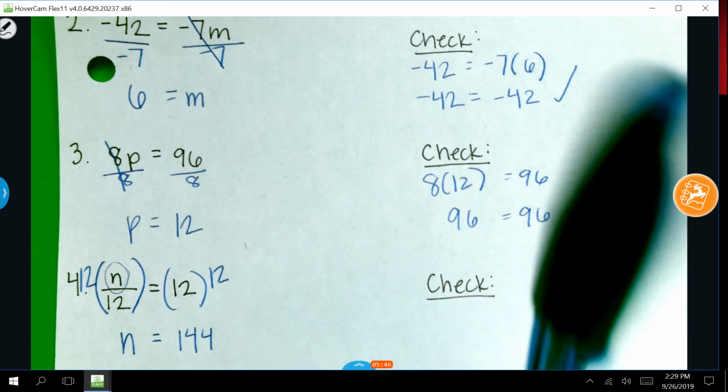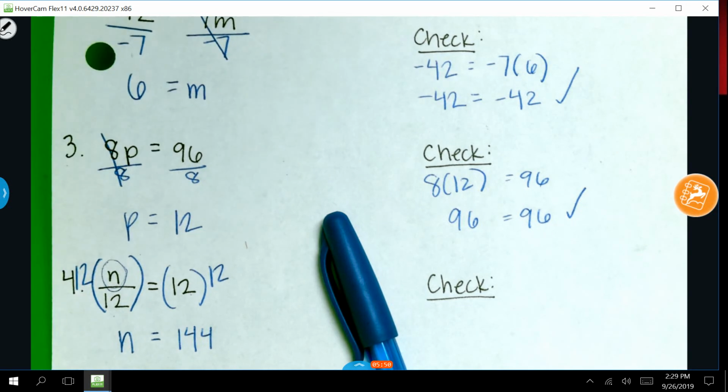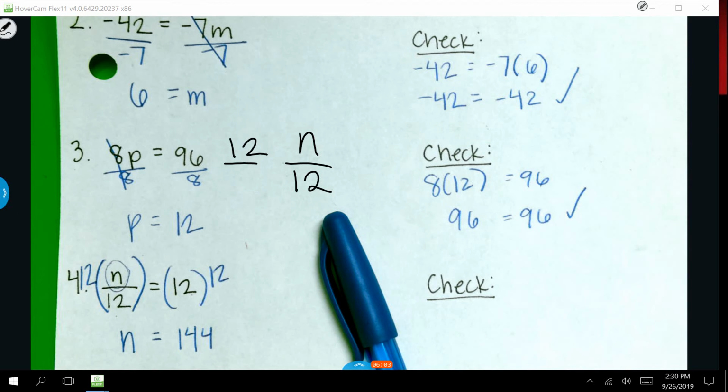Do you understand why my 12s cancel on the left-hand side? If you think about it, I'm multiplying 12 times n over 12. So how do I say 12 is a fraction? 12 over 1, right? So I'm saying 12 over 1 times n over 12.